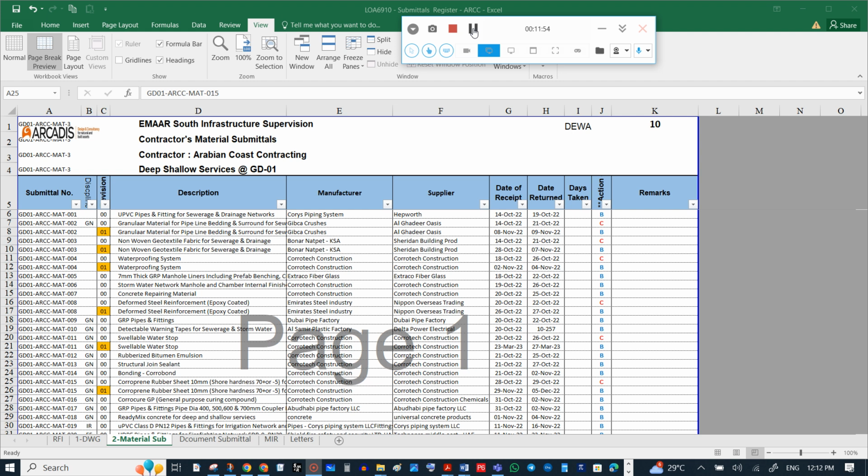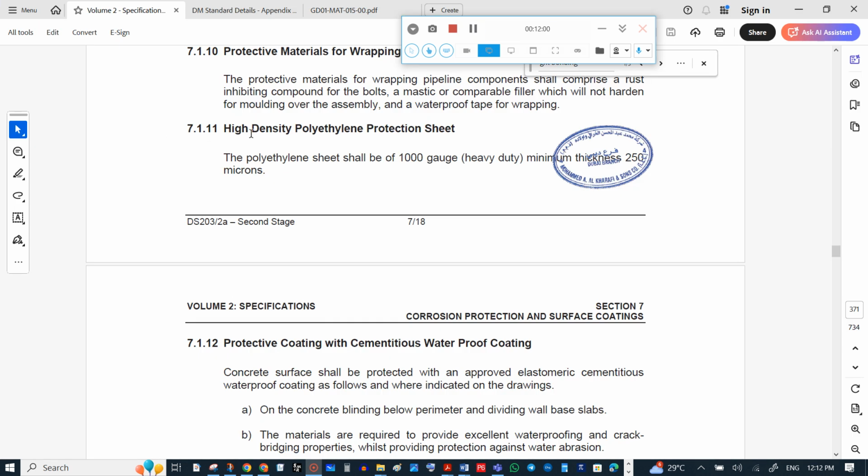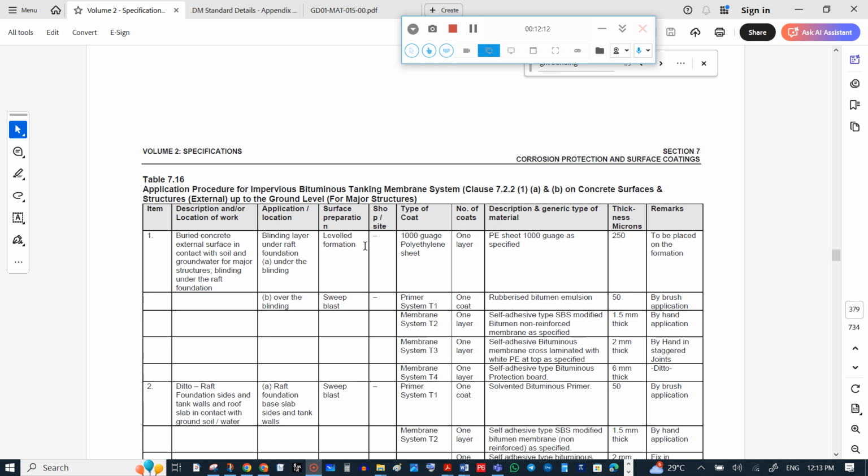In 7111 it is high density polyethylene protection sheet. It says polythene sheet 1000 gauge heavy duty, minimum thickness is 250 microns. So it is clearly mentioned, one layer of 1000 gauge, 250 micron PE sheet to be placed on the formation.